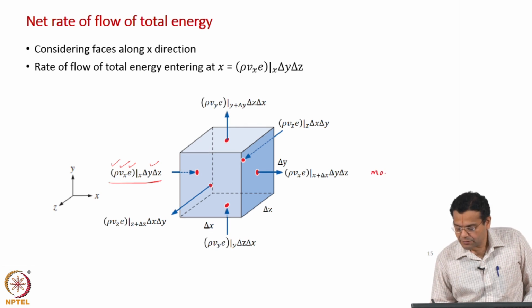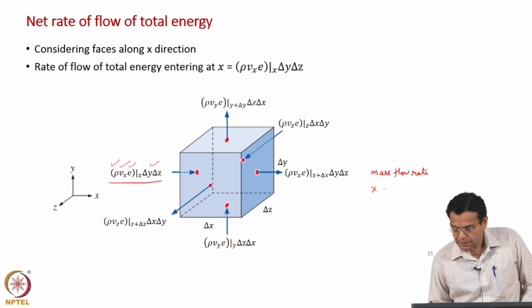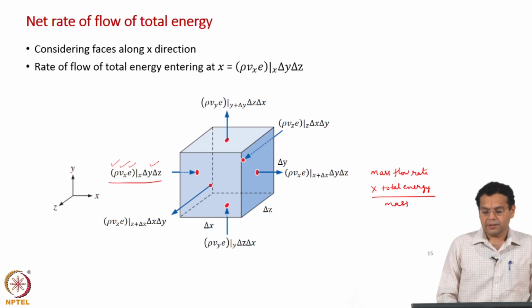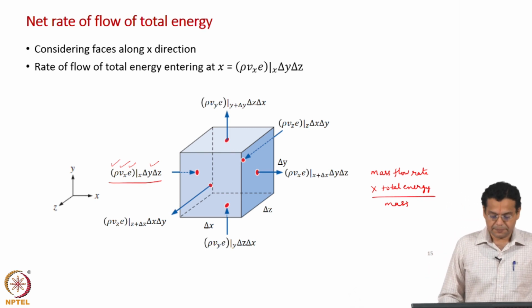So, then we will have mass flow rate, and if you multiply with the total energy per unit mass, then we get rate of flow of total energy.